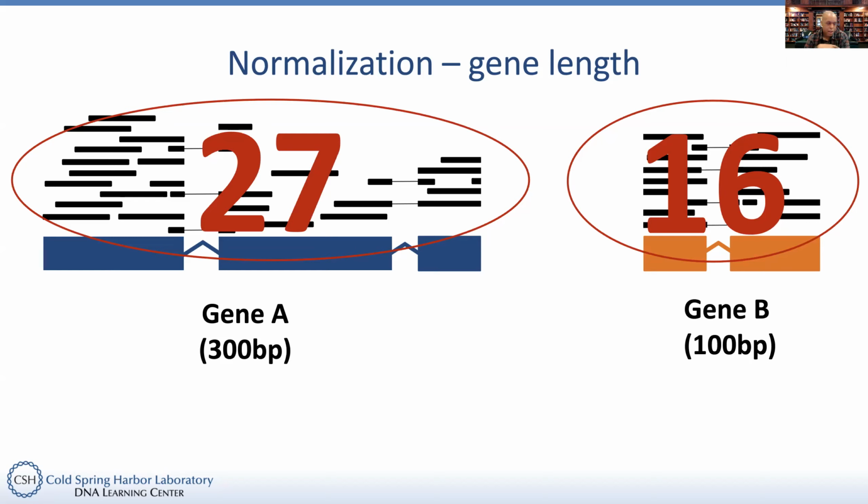They won't have as many reads, but they're not as long, so they couldn't collect as many. If you just divide, not that this is the only or entire way of doing this, but you get the idea that you can come up with a ratio, and then the ratio for gene A is lower than the ratio for gene B.